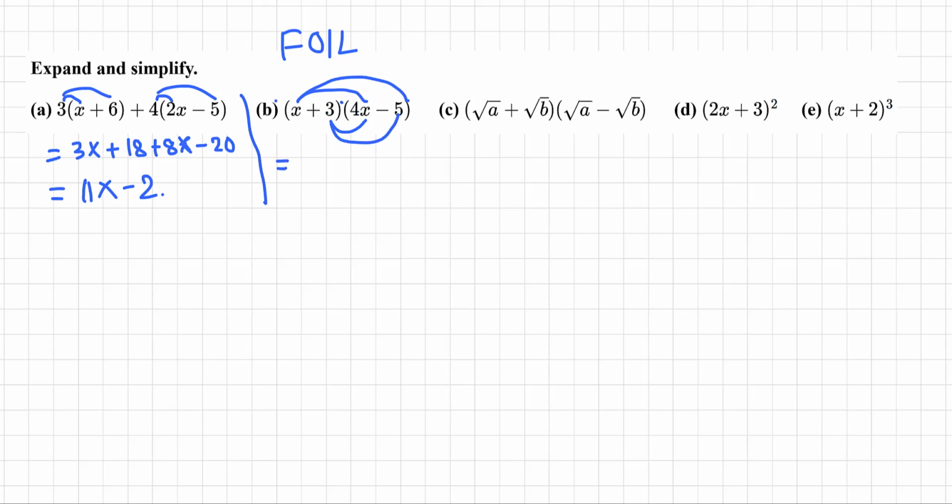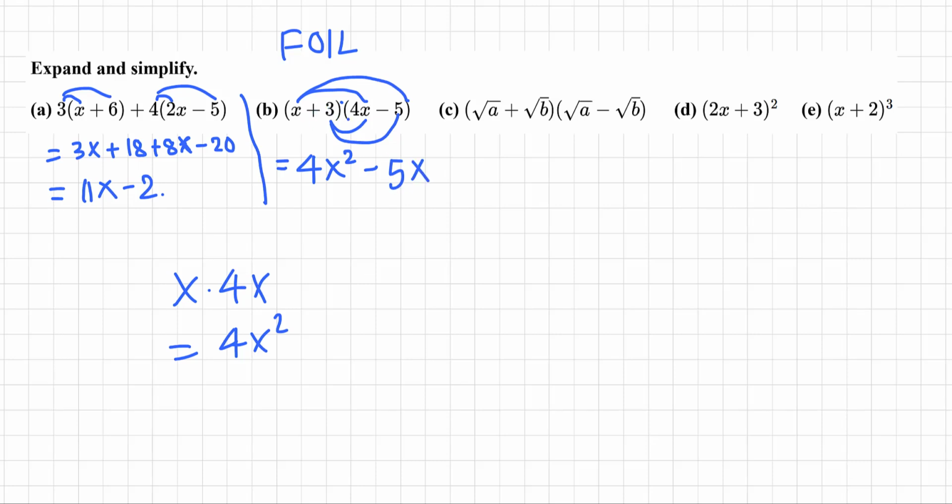Let's see. X times 4x, that's 4x squared. X times negative 5 is negative x5, just 5x, but we write the number in the front, so negative 5x.